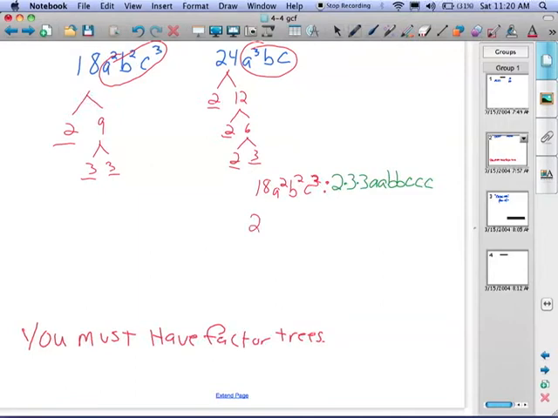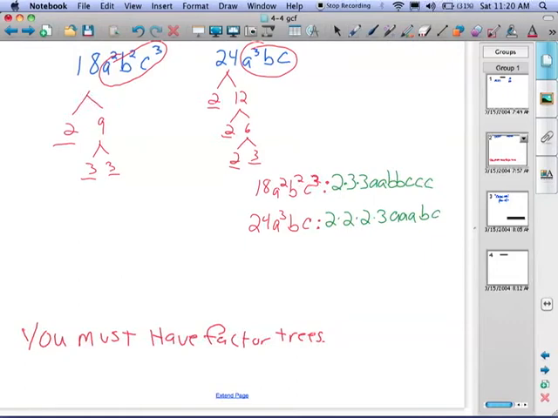The other number, 24a to the third power bc, is broken down into 2 times 2 times 2 times 3, and then we have 3 a's, a b, and a c.